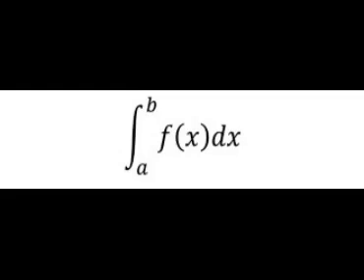Definite integral a to b f of x dx represents the area under the curve y equal to f of x between x equal to a and x equal to b.